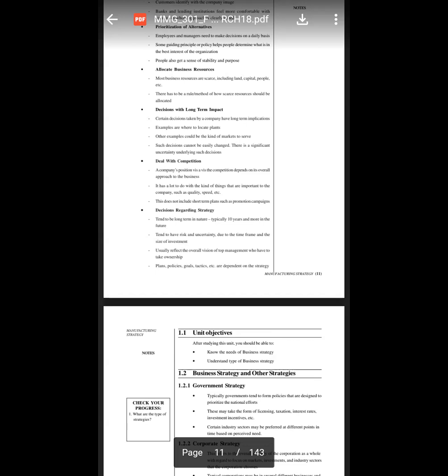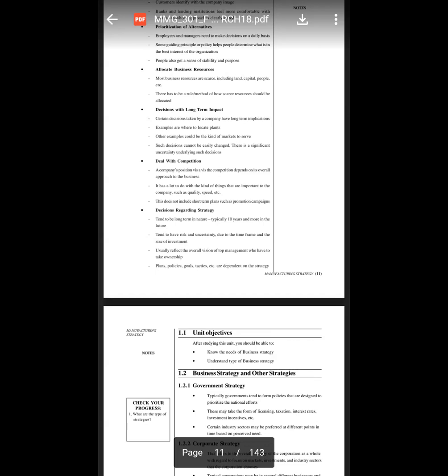Mostly the manufacturing plant is started in a suburban or rural area, very near to the urban area, because the manufacturing plant requires a more specific area. And in an urban area, if you see, it requires a huge amount of expenses.